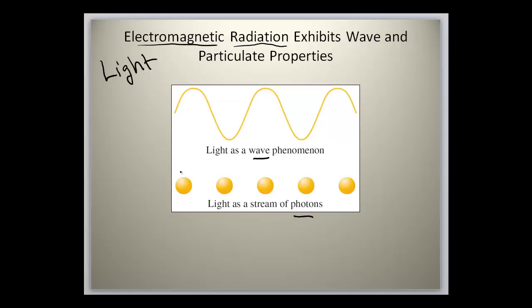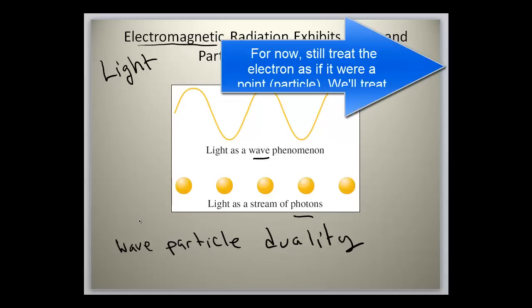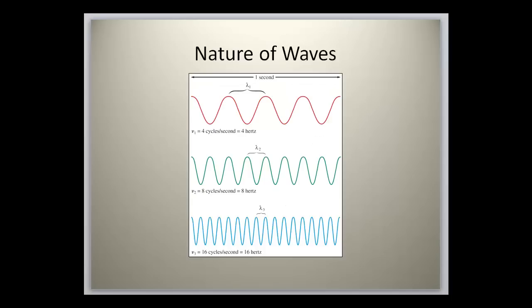And what we call that is the wave-particle duality of light. Now that's going to be important later on, especially if you were to take physics. But what we're going to do is start treating the electron as a wave.